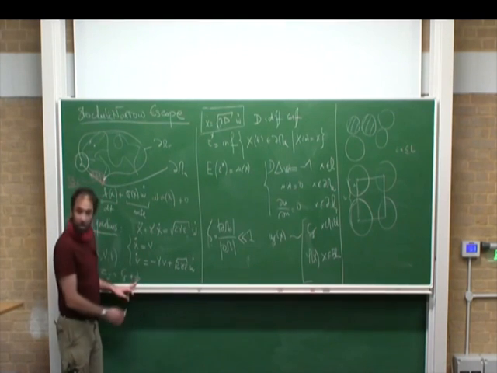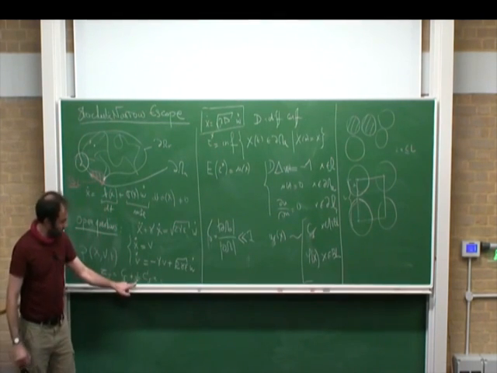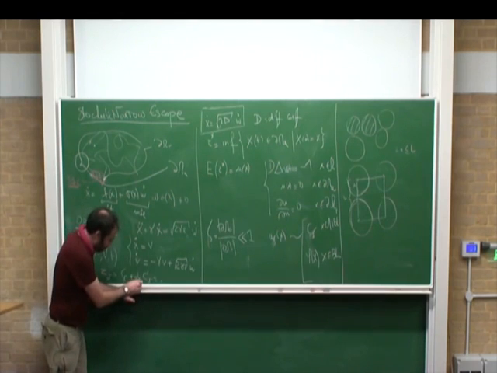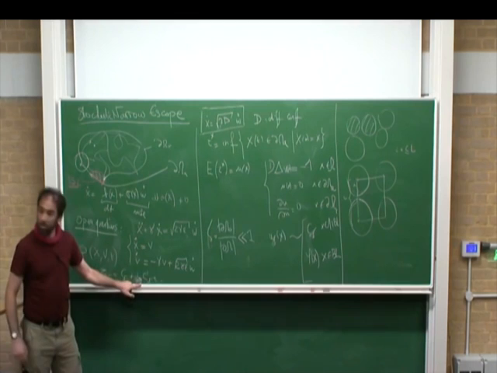I don't know what the power is here. Let's call it C1 delta. There's going to be an expansion. But what exactly is this? It would be interesting.